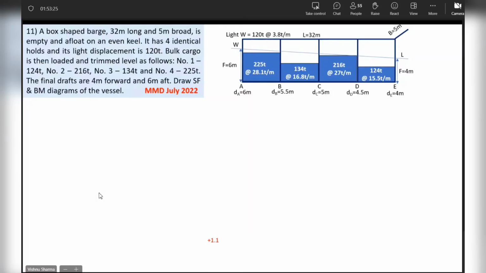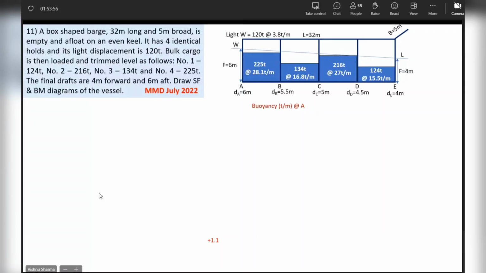Now, what will be the buoyancy per unit length at point A? This will be the weight of the water that will be displaced. If the draft of 6 meters is for 1 meter length, so it will be 1 meter length into the breadth of 5 meters, into 6 meters draft, that is the volume, multiplied by the density.